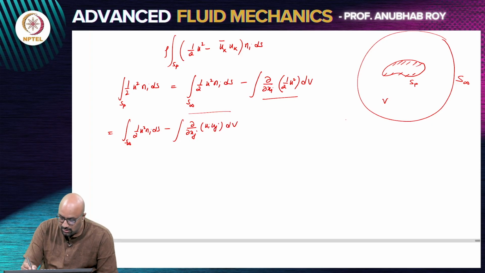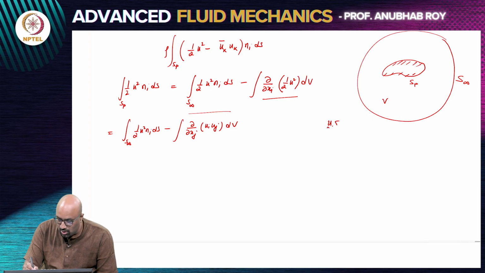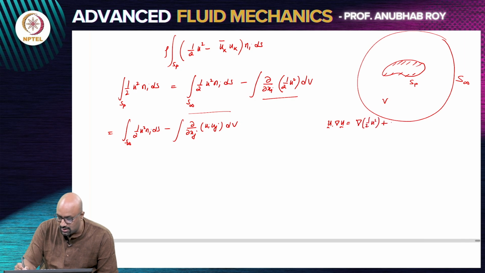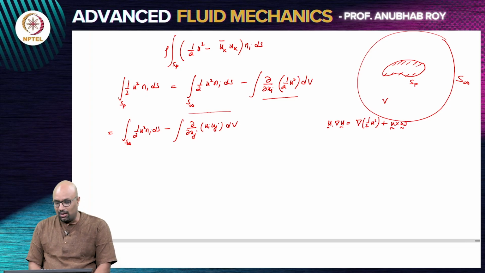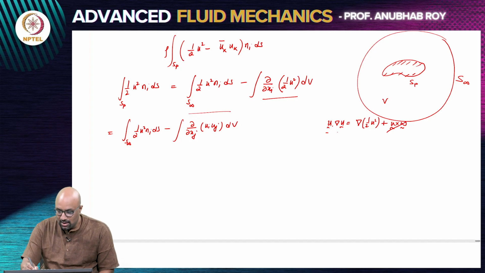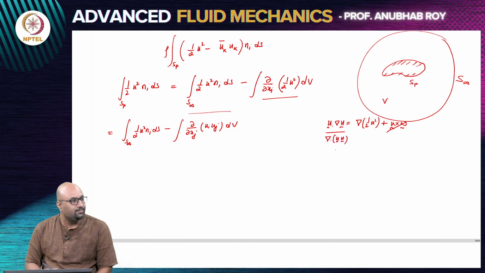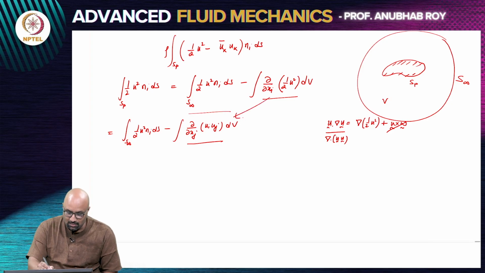If you remember, the expression that we had was u dot del u was del half u square plus u cross omega, right? Now irrotationality means omega is 0, and incompressibility means this becomes divergence of uu. That is what I have done here. I have basically used the two ideas, that it is irrotational and divergence free, which allows me to write this particular term in this form.